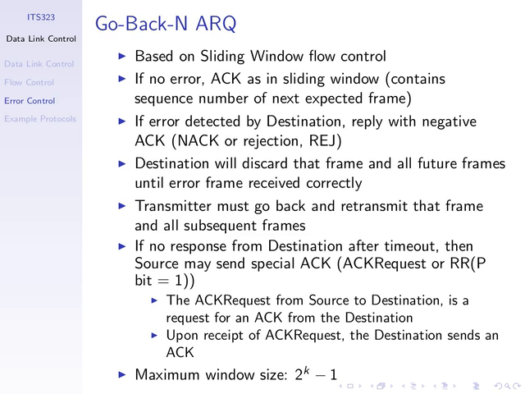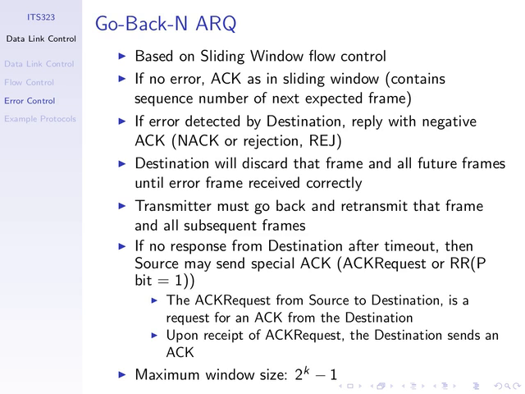Therefore, we may receive, let's say, 5 frames, 1, 2, 3, 4, 5 at the receiver. If the receiver detects frame 3 is in error, it will discard frame 3 and frames 4 and 5. It will discard the error frame and everything following it.